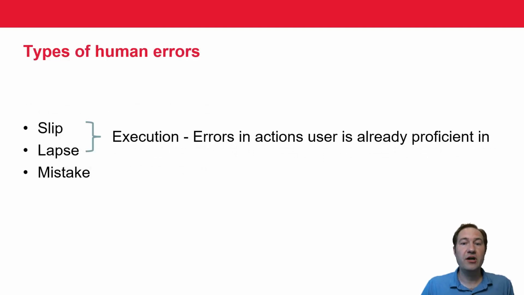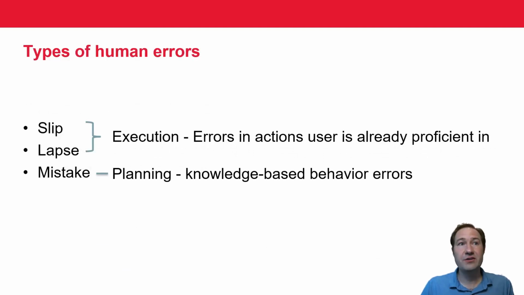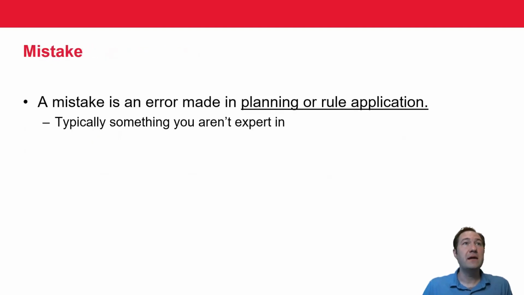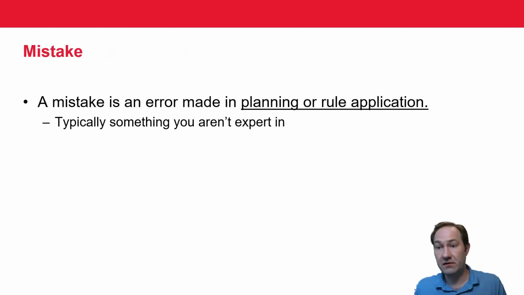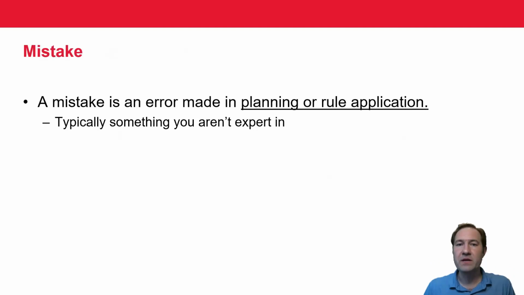So then let's talk about mistakes. Mistakes are often thought about in terms of planning or application, and these are all those knowledge-based behavior errors. So with a mistake, this is where we're making errors in planning or rule application, and this is typically happening to people who aren't expert in it, because oftentimes when you become an expert in some sort of thing, it actually goes more towards the skill, that you do these things without thinking, right?